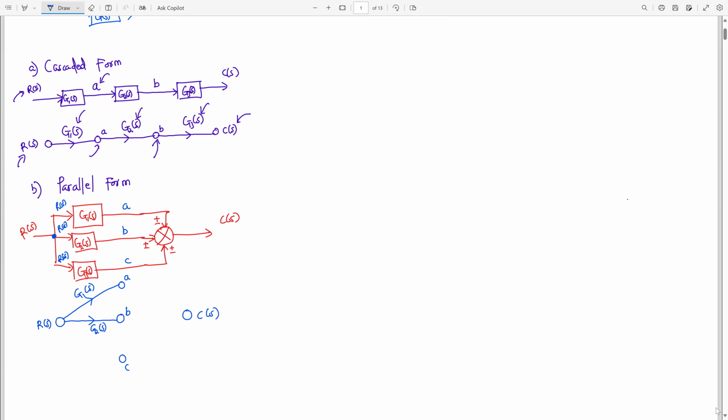So it's going to be the block with the transfer function G3 of S. Just like what we did for this side and this area, we are going to do the same thing for this side. So we connect these two nodes and then we show the direction of the signal and then we name it with this transfer function, which is G3 of S, right?